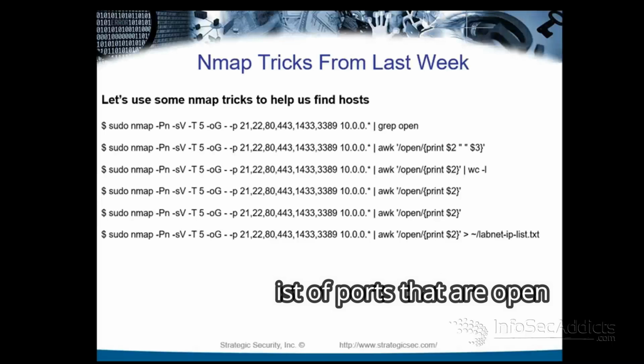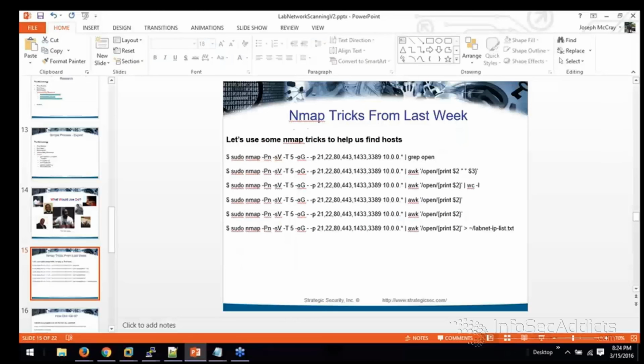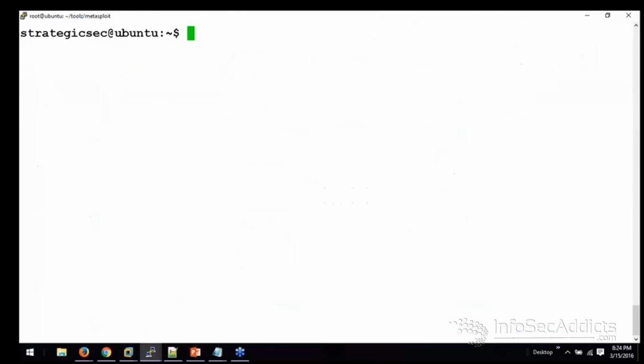Okay, so I'm showing you this stuff that I just got finished teaching you, right? So I just showed you how to go through these: grep for open, print field 2, print field 3, which is what you just saw. I get a line count on them. If you just print field 2, you'll get a set of IP addresses.